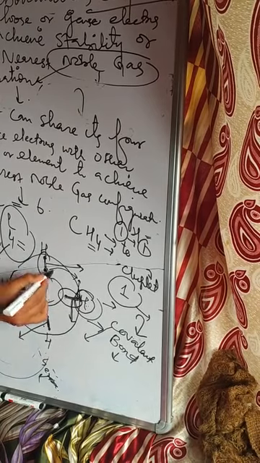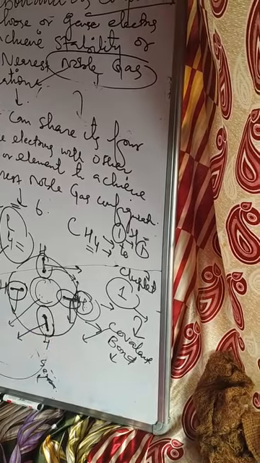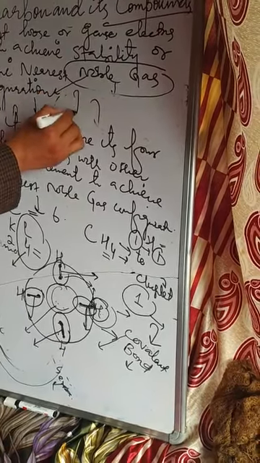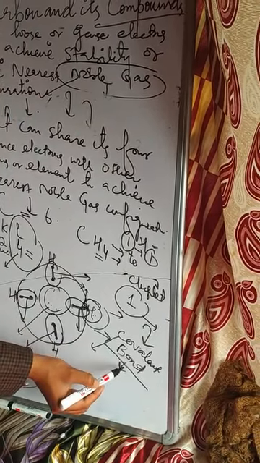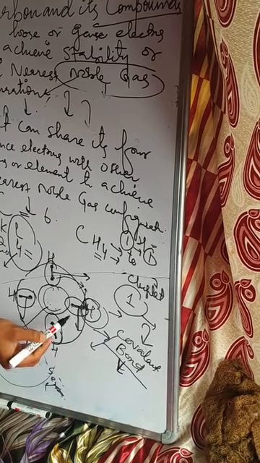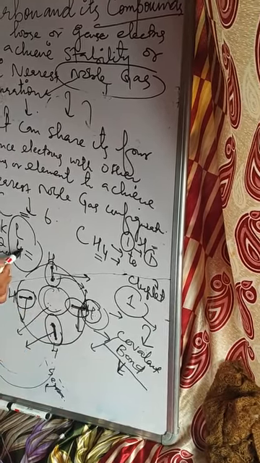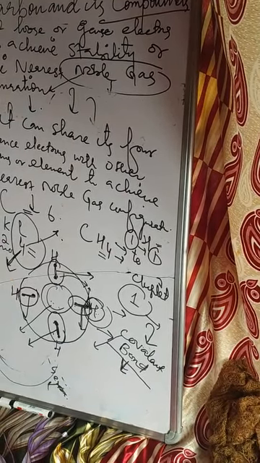The only funda behind bonding of carbon is that carbon always forms bonds, and those bonds are covalent in nature, by sharing of its 4 valence electrons in the valence shell.